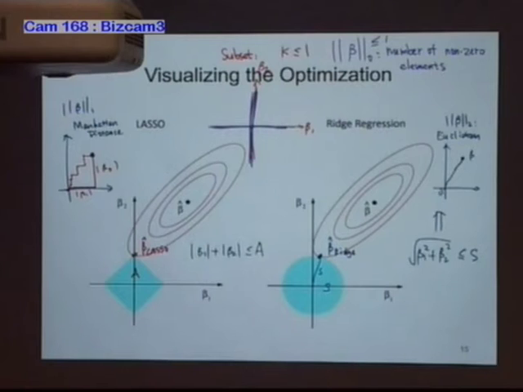So all three model selection methods are put into the same framework. The only difference is how you measure the distance, what you are penalizing. Here you're penalizing the straight line distance away from the origin. Here you're penalizing the Manhattan distance away from the origin. Here you're penalizing whatever distance that is.